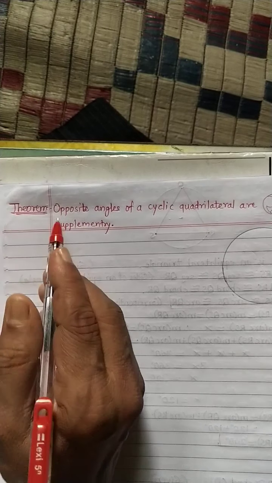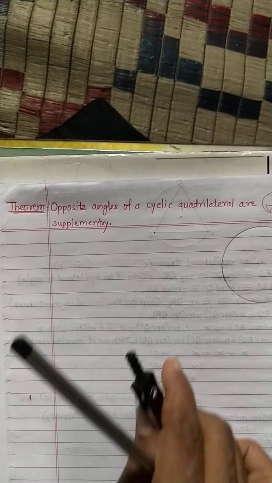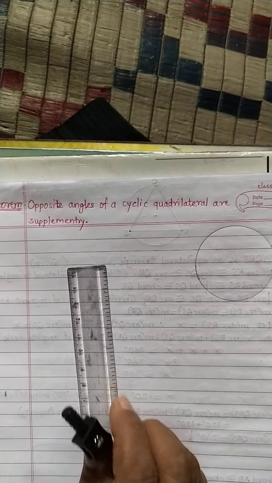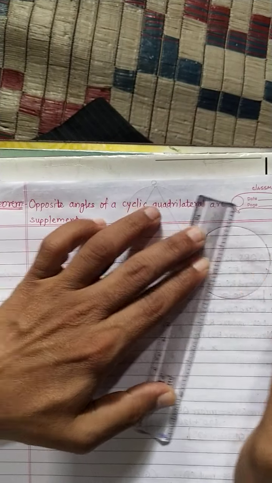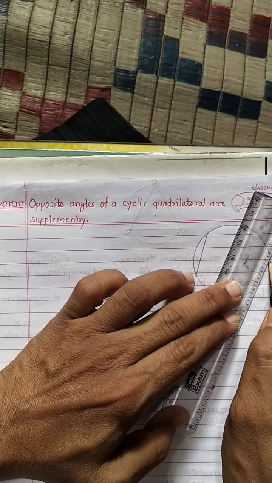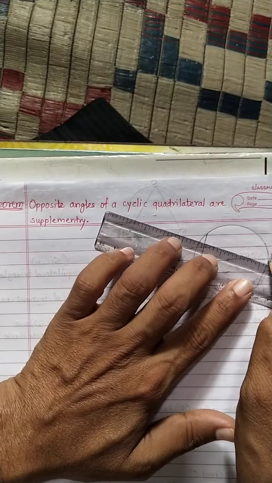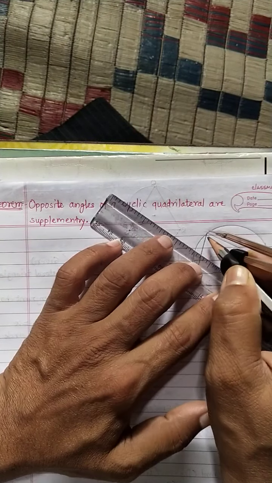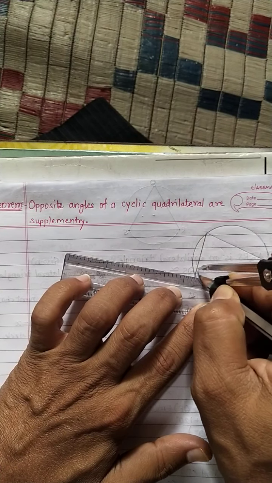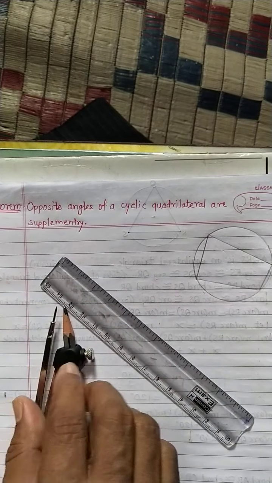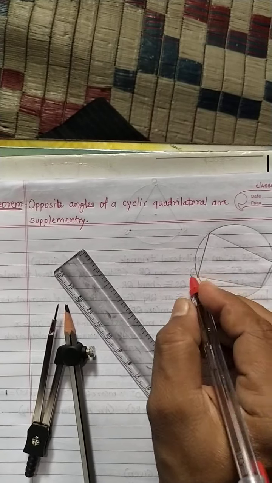Okay, so first of all, I have to draw a cyclic quadrilateral. Let us see here.